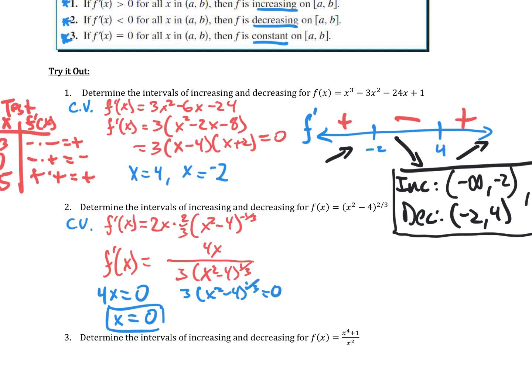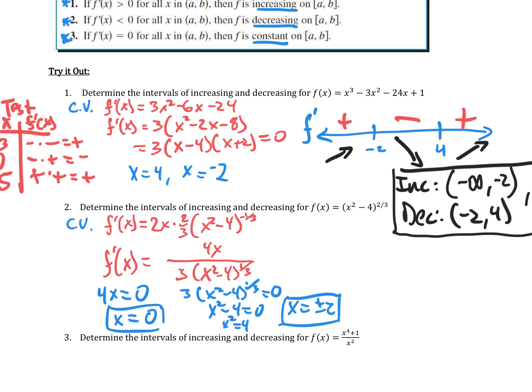Well, if we divide by 3, we get 0 on both sides, and then cube root. So x squared minus 4 has to be 0. Add 4 to both sides, square root. x equals plus or minus 2. Okay, so this is undefined. In other words, it's not differentiable when x is plus or minus 2.